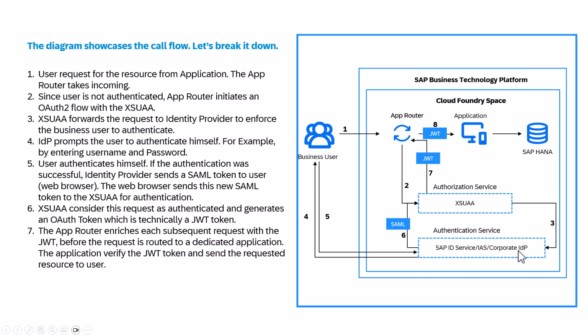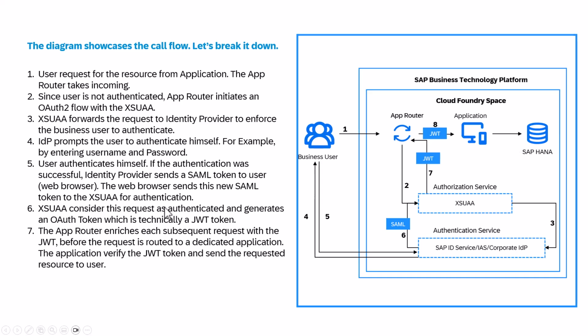Let's say that the corporate identity provider is set up with SAML, so it sends a SAML assertion, and then the XSUAA can transform this into a JWT token and send it to the app router, and then the app router sends this JWT token to the application, and now you're able to access the resource.